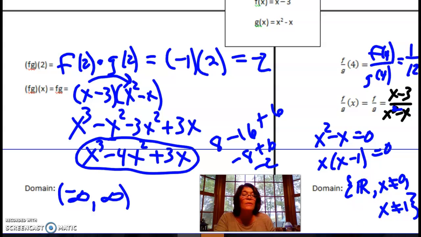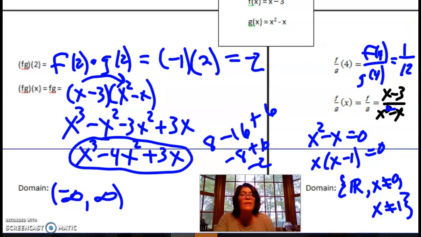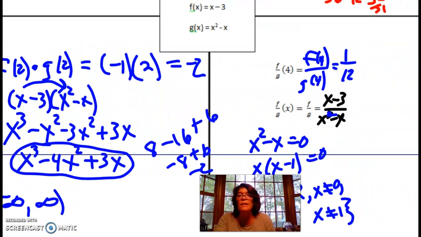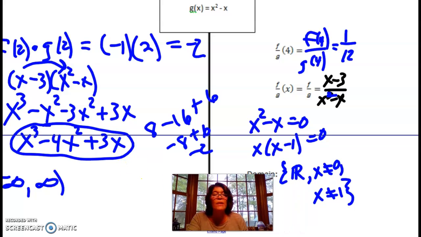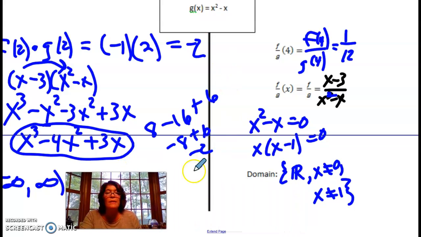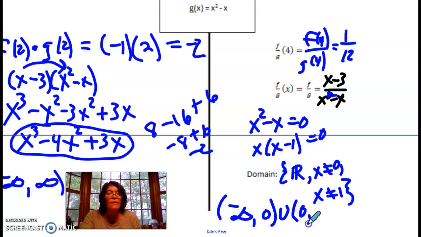That's a way to write all reals with that big capital R with the double line right here, okay? Or, if I wanted to write it in interval notation, how would I write that? Everything except 0 and 1. I would write -infinity up to 0, skip over 0, everything between 0 and 1, like a half, an eighth, all those numbers, and then skip over 1, everything to infinity.